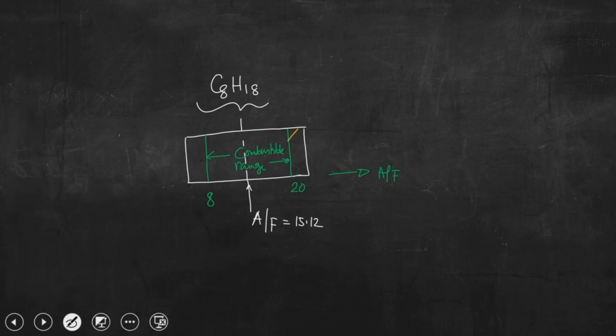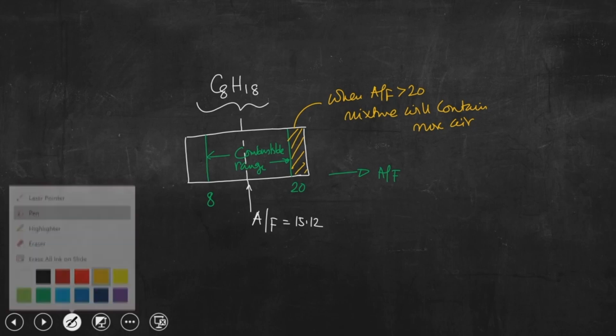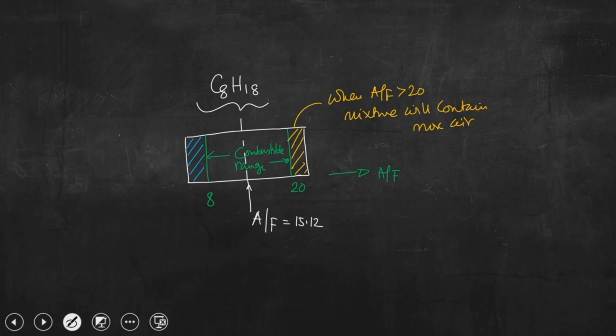If it is above 20, that is, when the air-fuel ratio is greater than 20, the mixture will contain more air, while when the air-fuel ratio is less than 8, the mixture will contain less air.